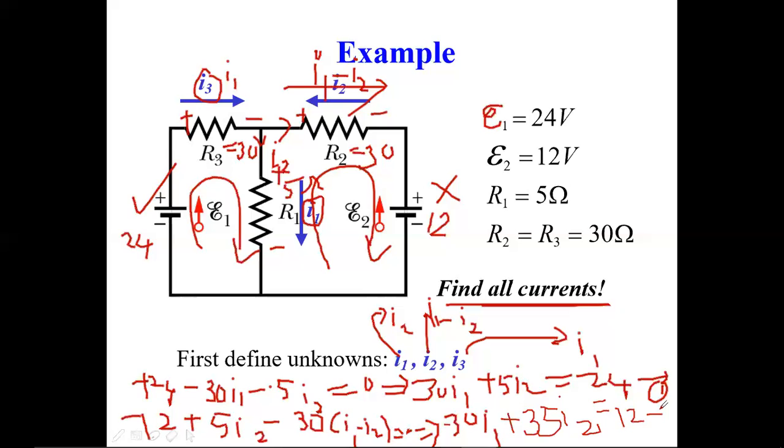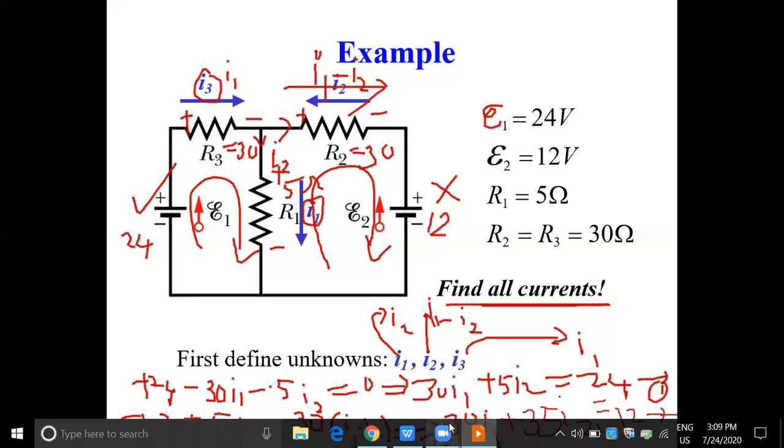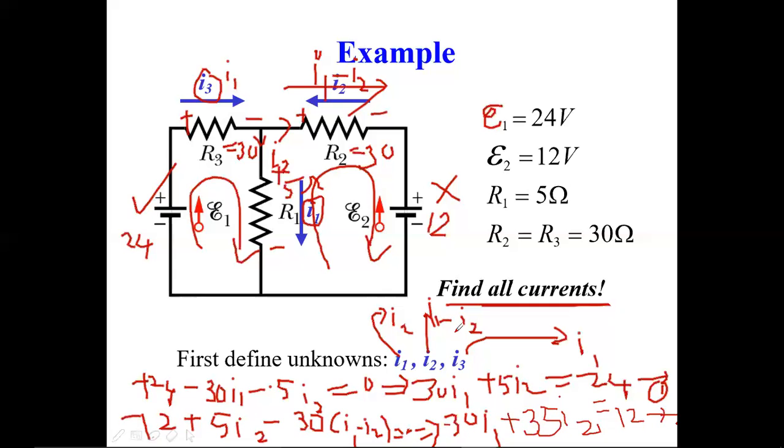This is equation number 2. If I solve equations 1 and 2, because here the plus 30 I1 and here the minus 30 I1 both get cancelled, then I can get 35 plus 5, 40 I2 is equal to 24 plus 12, which is nothing but 36. Then I can get the value of I2.